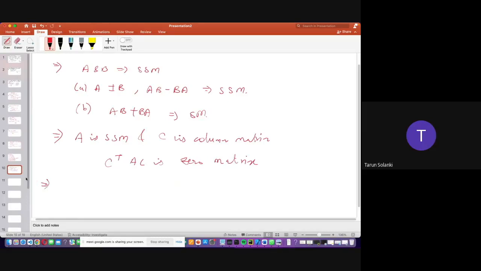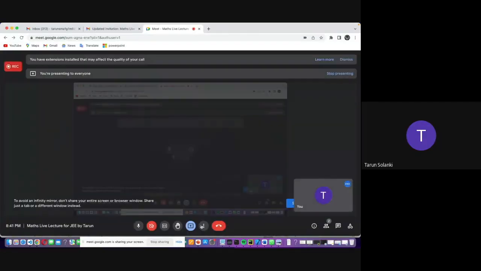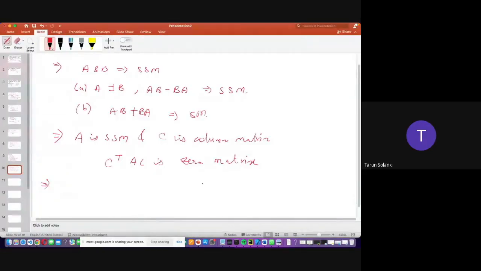One more, every square matrix A can be uniquely expressed as a sum of a symmetric and a skew symmetric matrix: A is half of A plus A transpose, plus half of A minus A transpose.